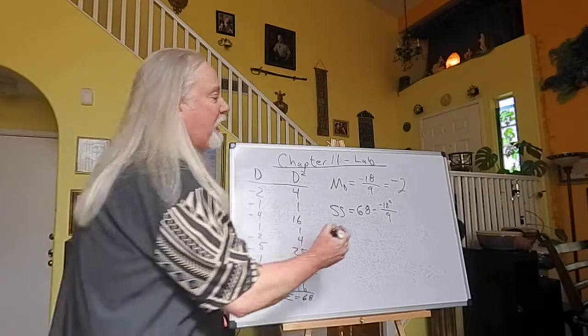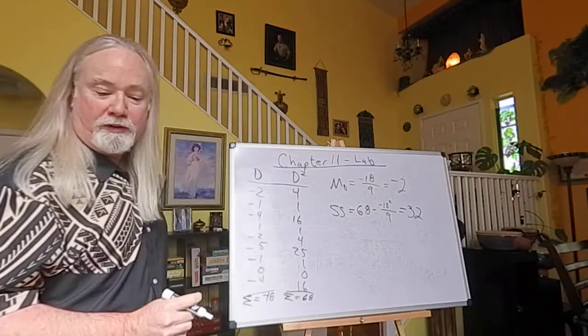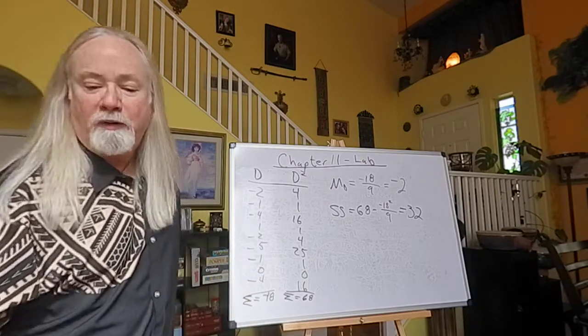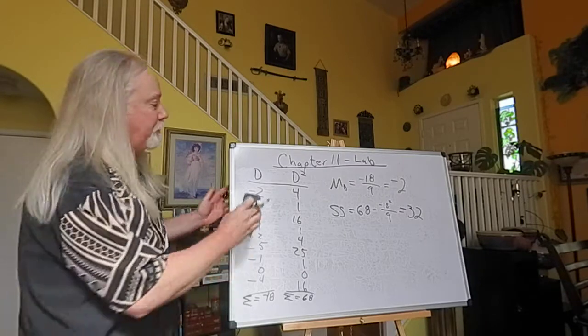When we calculate that out, we find we have a sums of squares of 32 points. So that was all prep work that had to be done before we could even get to our 4 steps. Now let's take a look at those 4 steps.